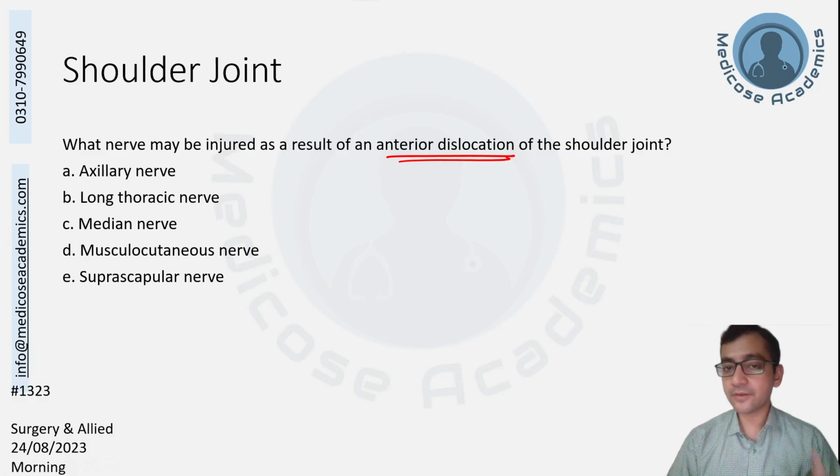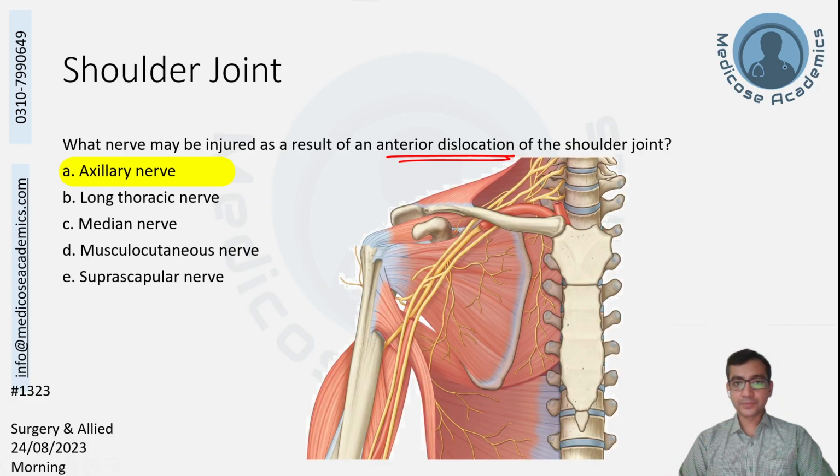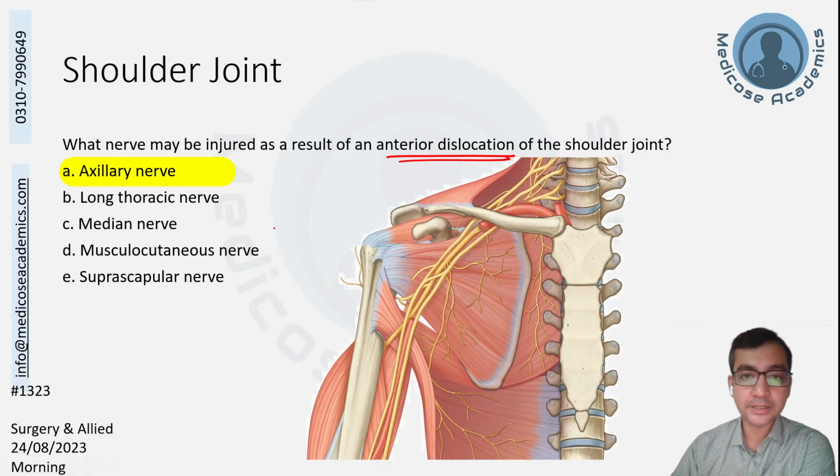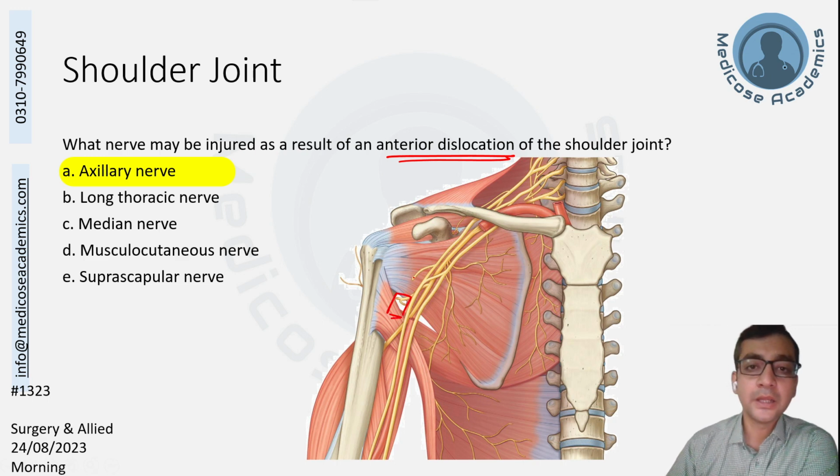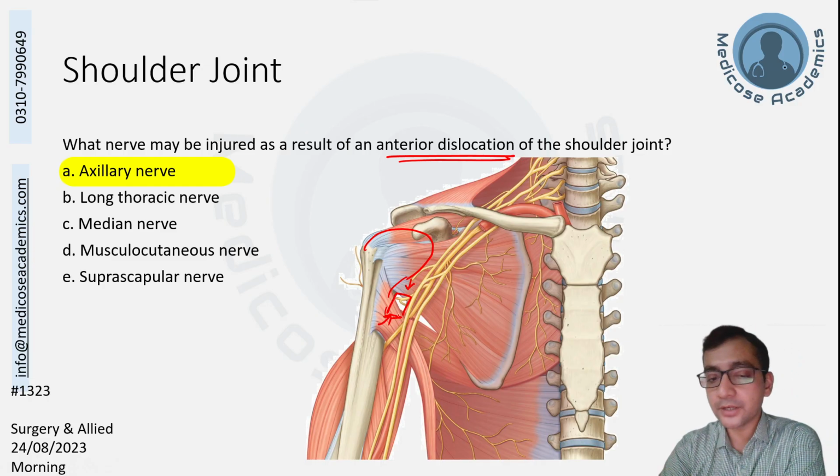So you need to understand what structure is below the head of the humerus, and that is the axillary nerve. That question is very frequently asked. That is the quadrangular space. Here is somewhere the head of the shoulder joint. When it dislocates downwards, it occupies this quadrangular space and injures the contents of this space.